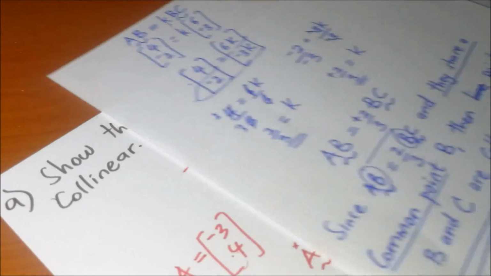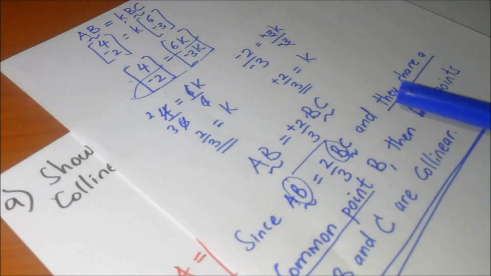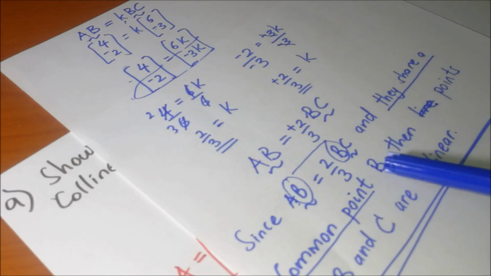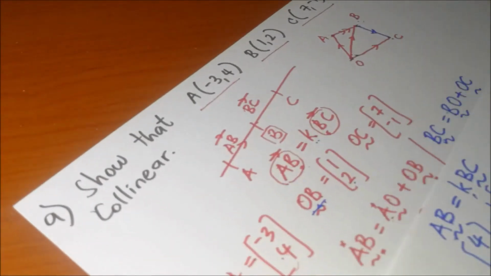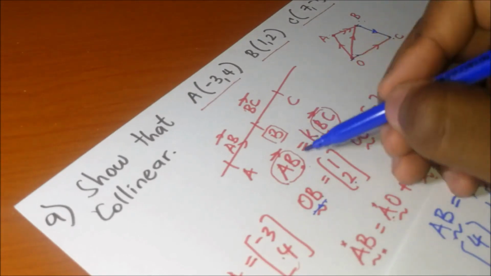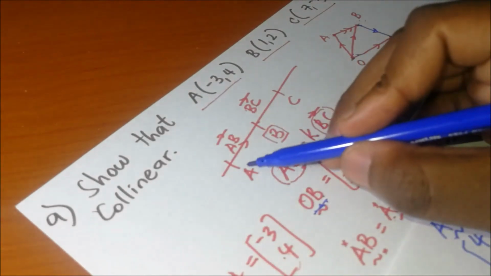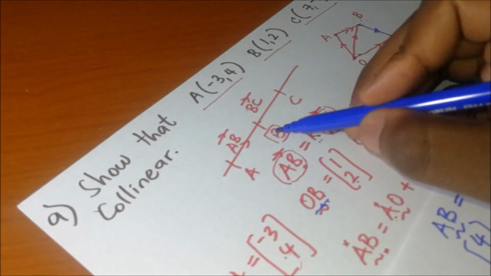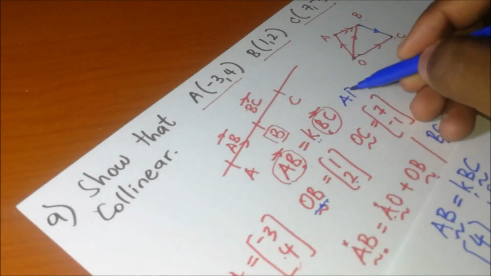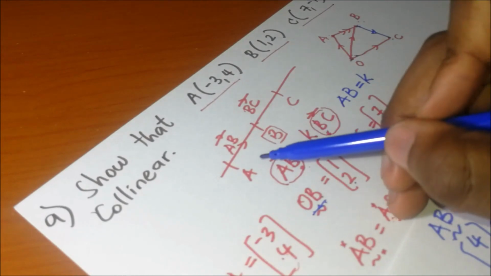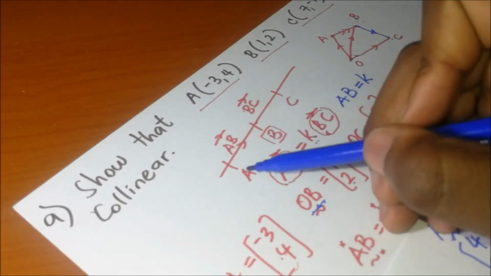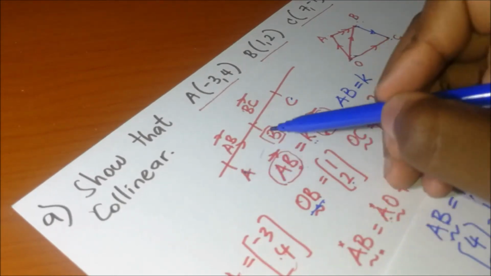And so in our conclusion, our common point was B. However, you can choose to do it in another way. You can write this up and simply say AB is equal to a certain constant K, and instead of saying BC, you can say AC. In other words, AB and AC.